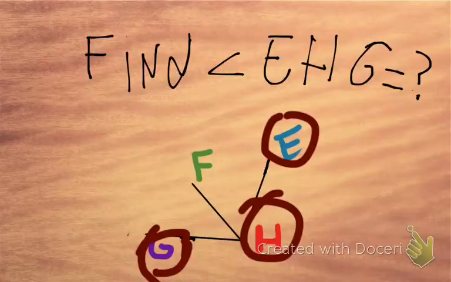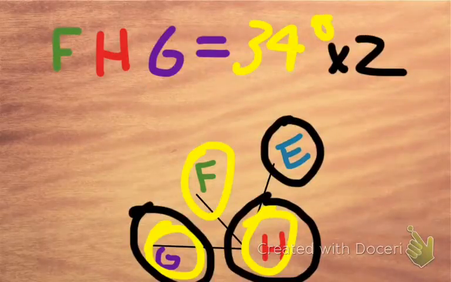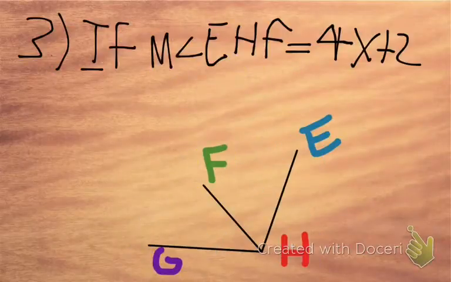We can already tell that FH, our angle bisector, is part of that angle. So instead of splitting it in half this time, we would multiply it by 2 because we're trying to get EHG. So 34 multiplied by 2 is what? 68, correct? So now we can move on to problem 3.